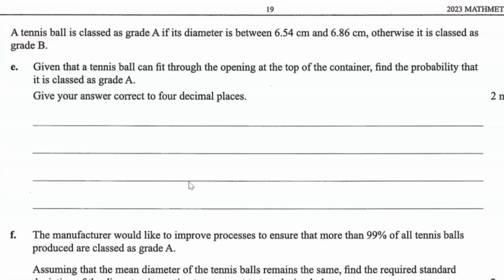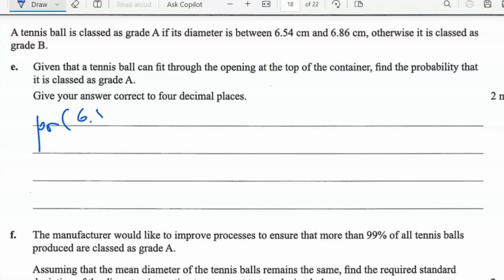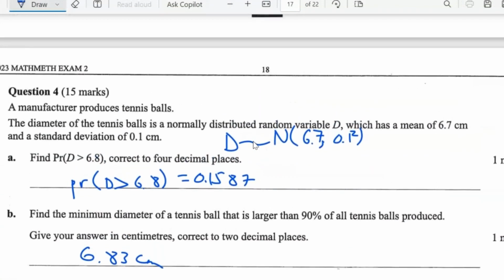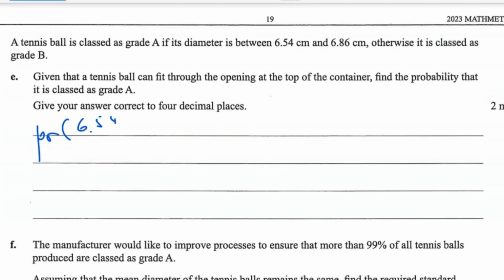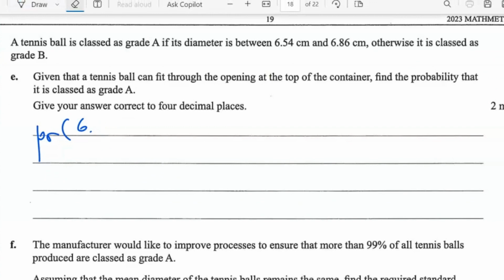Otherwise, it's classed as grade B. Given that a tennis ball can fit through the opening at the top of the container, find the probability it's classed as grade A. Give your answer correct to 4 decimal places.